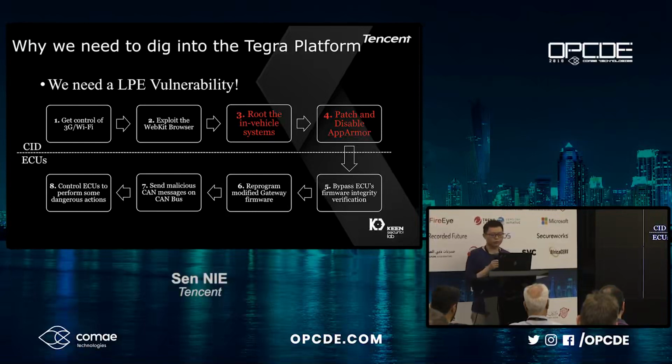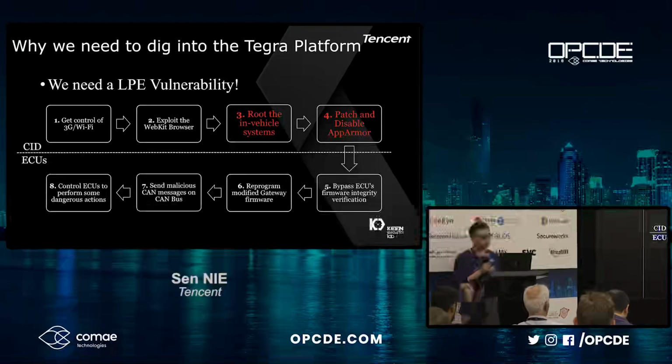Firstly, we already have a code execution bug in the browser context, but the browser process is running in a low privileged user ID, and it's also in the sandbox, the AppArmor sandbox. So we need a local privilege escalation vulnerability.